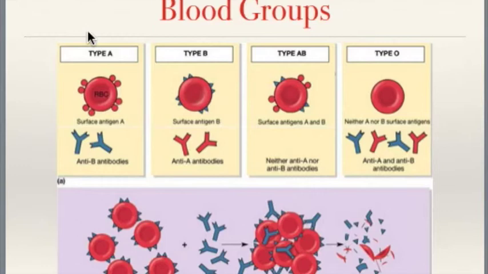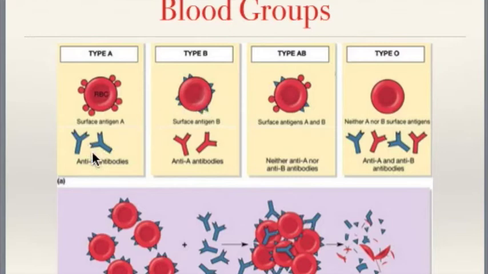So let's just take a look at type A and B blood first. All right. So type A blood, again, has type A antigens, but it has anti-B antibodies. So if it finds B antigens, like the B antigens present in type B blood, they're going to destroy it. All right.